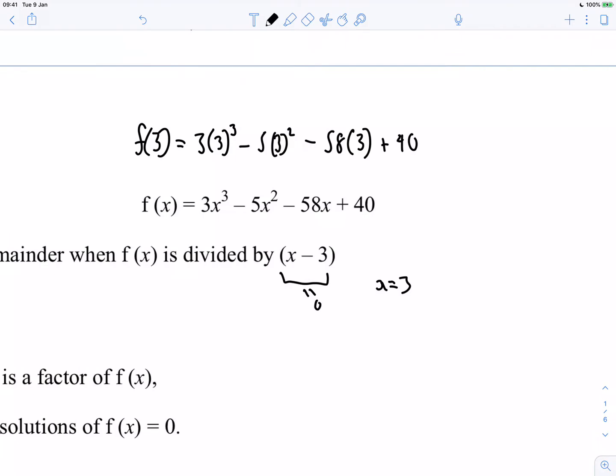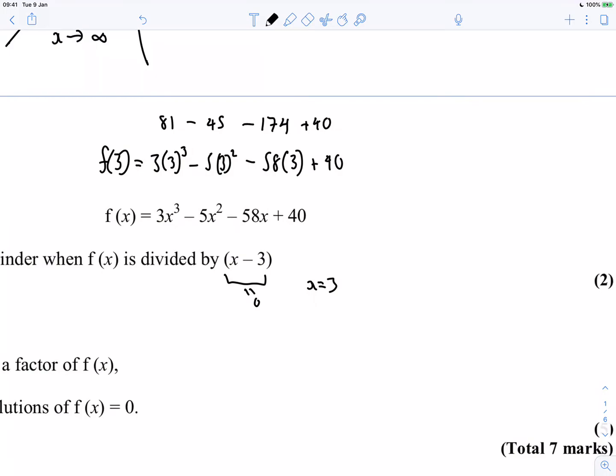Well, 3 cubed is 27 times 3 is 81. 3 squared is 9, times by 5 is 45. 58 times 3, I believe, is 174, plus 40. Well, what have we got here? We've got 81 and 40, which is 121.